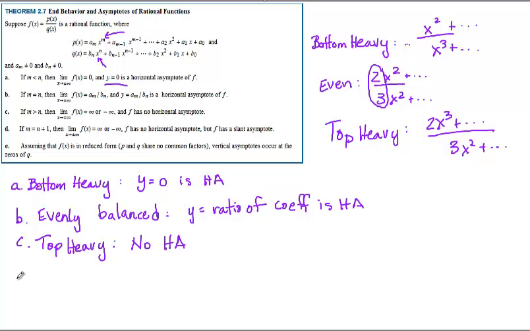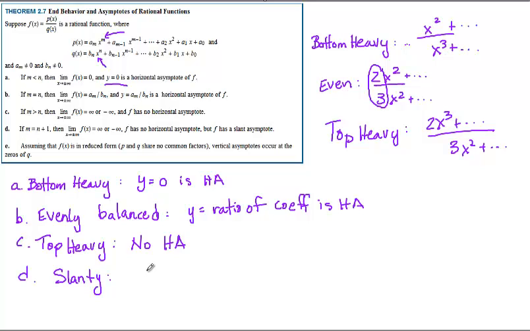Then in the D section, this is going to refer to a slant asymptote, which we will get to in the very next discussion. So I'll call this the slanty guy. This means that the degree in the numerator is one more than the degree in the denominator.